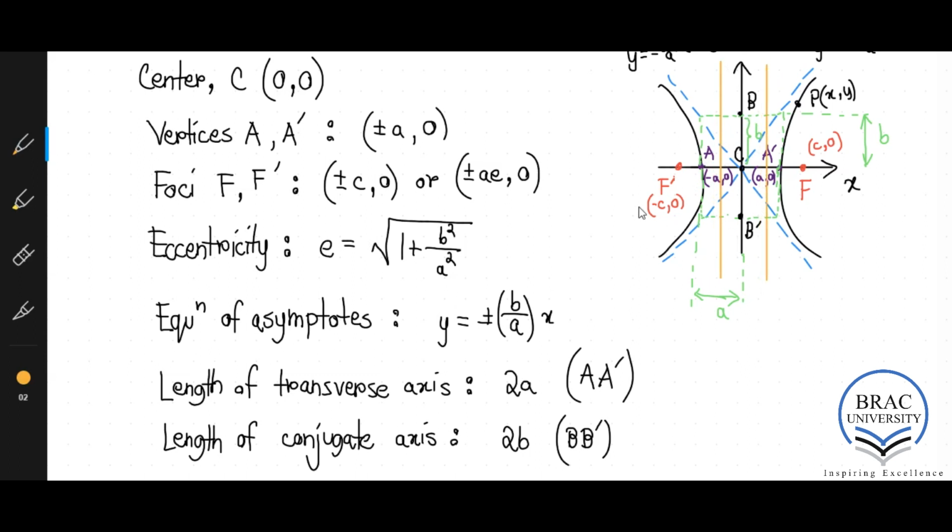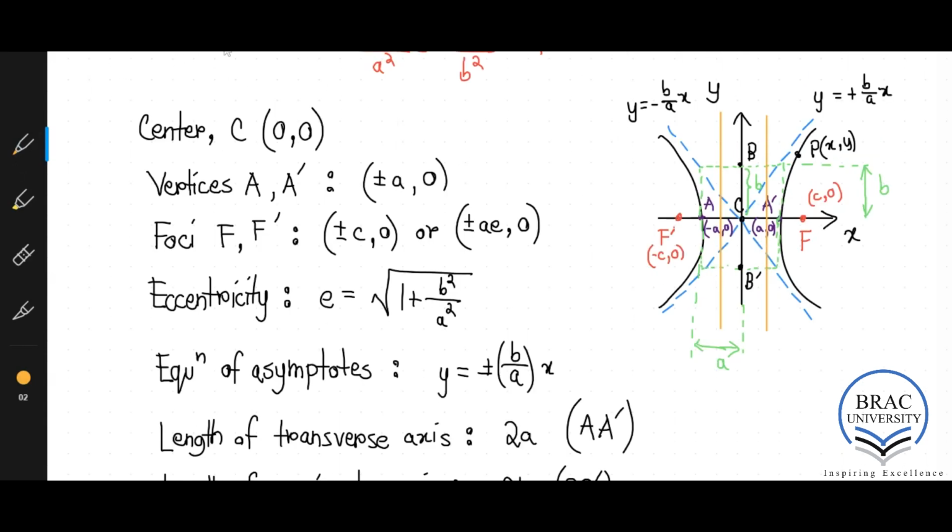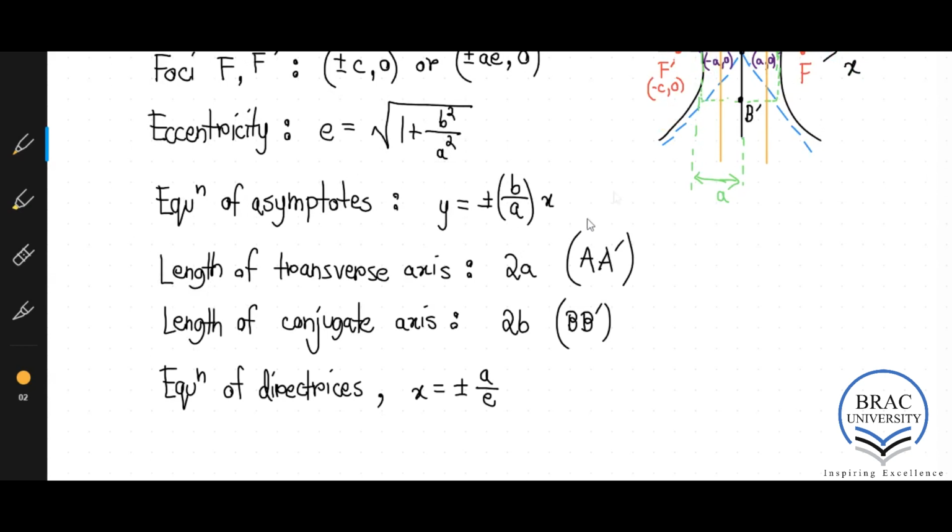So these are the directrices, and we can represent them geometrically by using d and d prime. So these are the equations. One is negative a by e, and one is positive a by e. So let me use d and d prime.